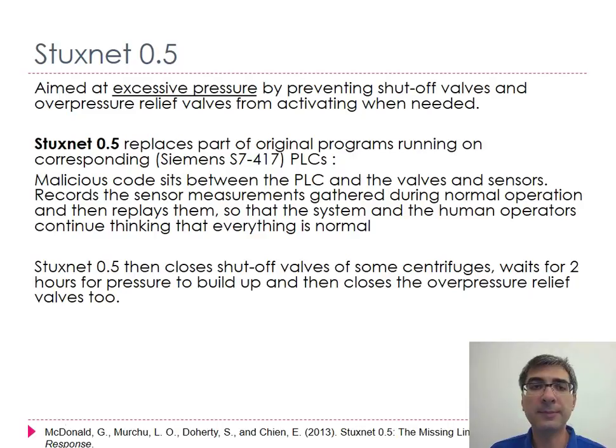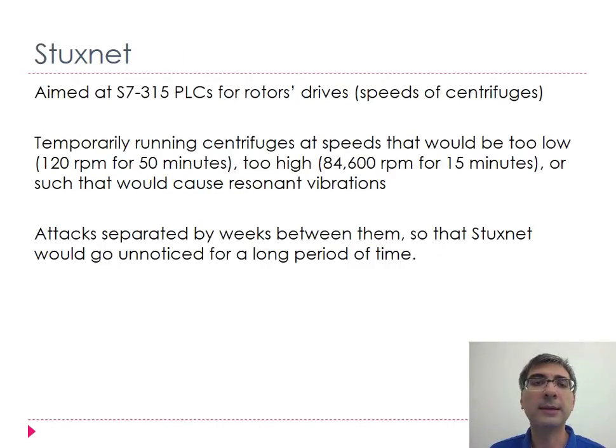But again, this is theory, because we don't know anything about how well this early variant fared. The Stuxnet that we know about targeted different PLCs: the S7-315 Siemens PLCs that were controlling the rotor drives of the centrifuges, effectively the speed of rotation.